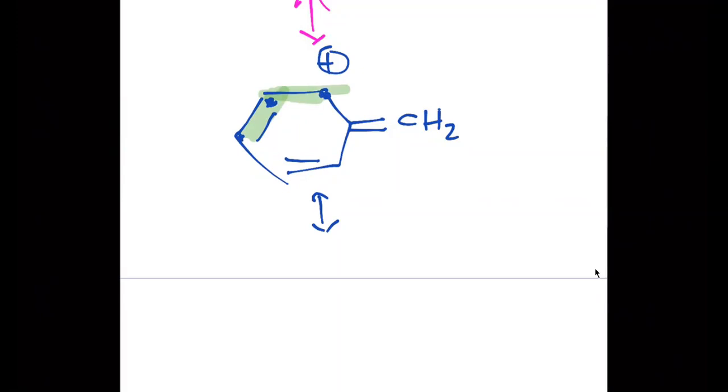Yep. So now I've identified the pattern. I need to find what's my donor, what's my acceptor. Which one would be the acceptor? The carbon with the positive charge, the carbocation, good. And that makes the pi bond the donor. Is that right? Yep. All right.